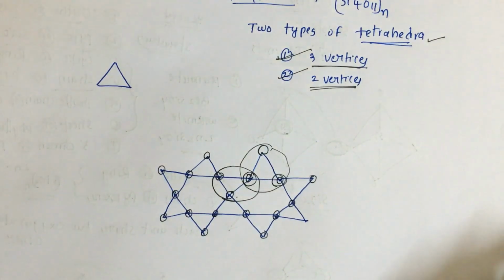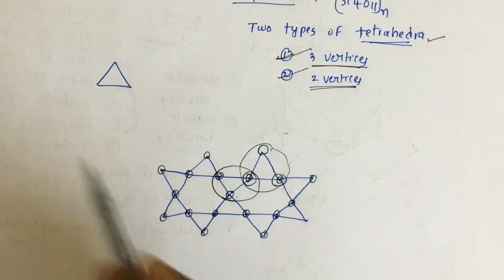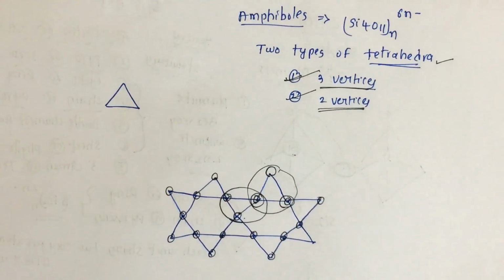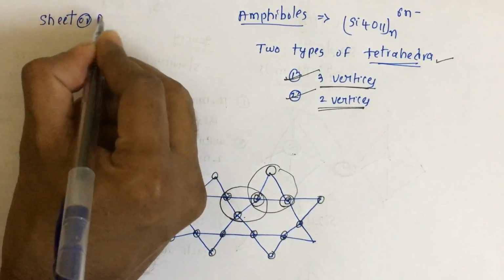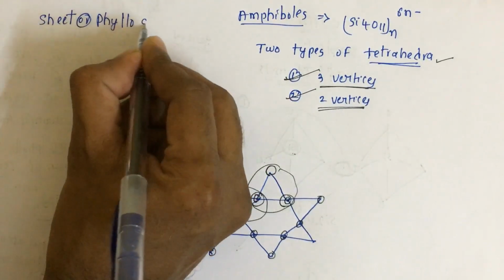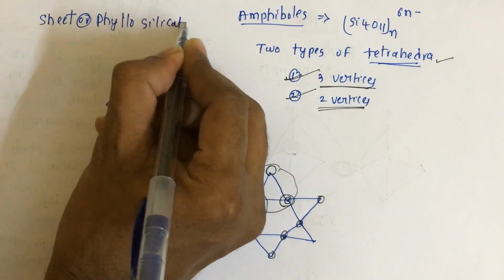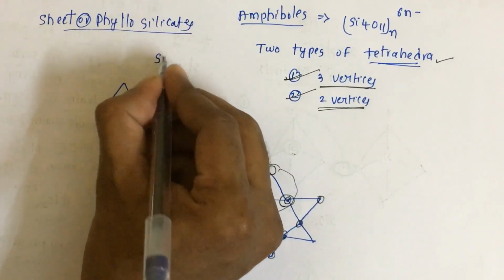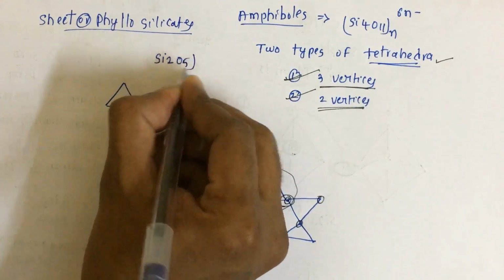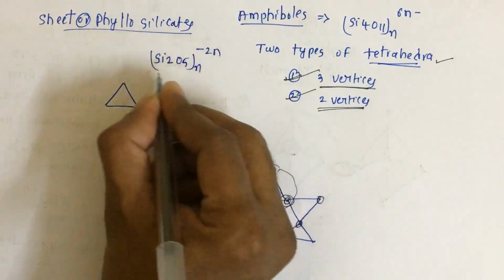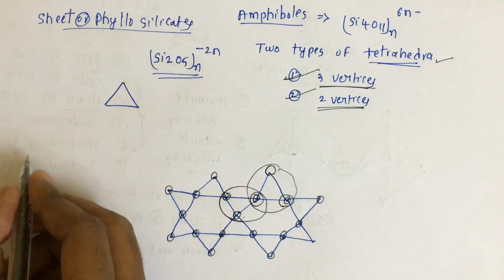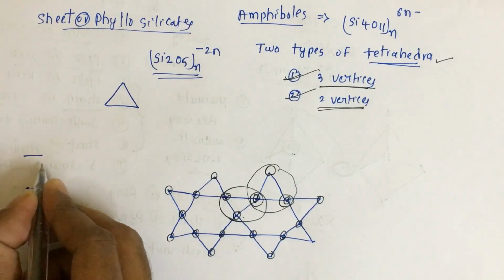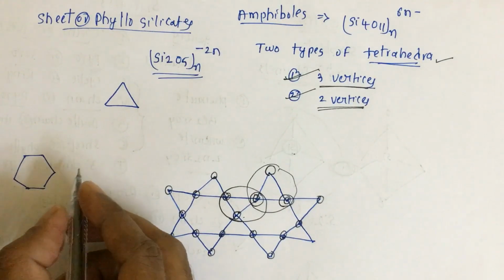And then we have the sheet silicates, or pyrosilicates. The general formula of sheet silicate is Si2O5 to the power of 2n minus. Here the structure will be drawn like this.